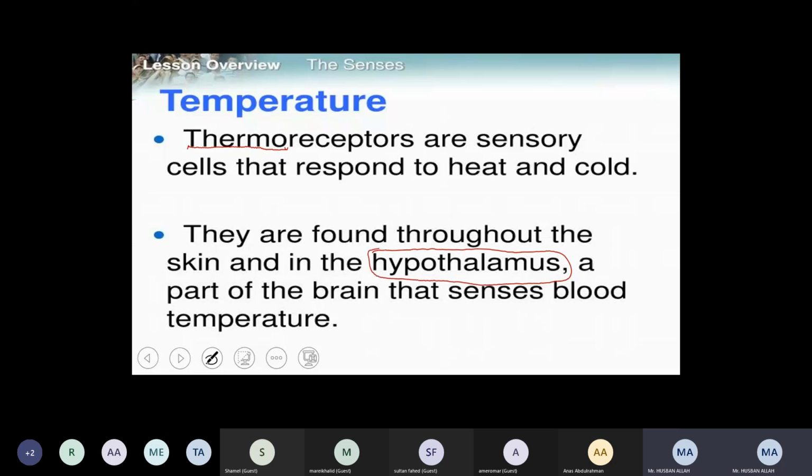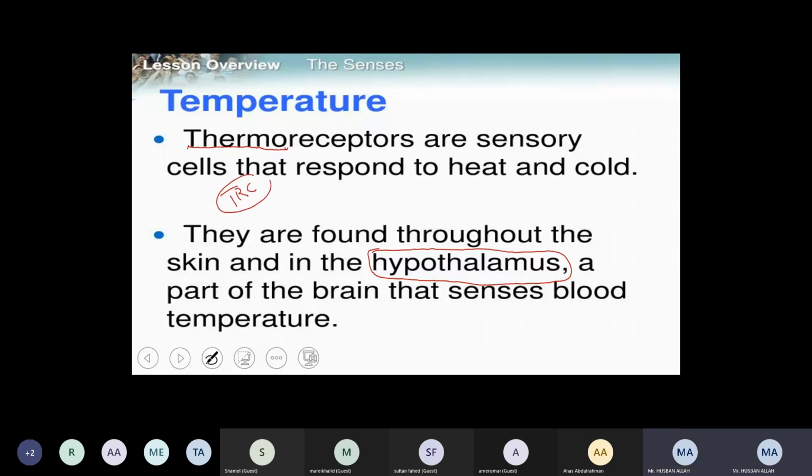And we know that the hypothalamus is a part of the brain which is associated with functions related to temperature, and we call it the thermoregulatory center, TRC.